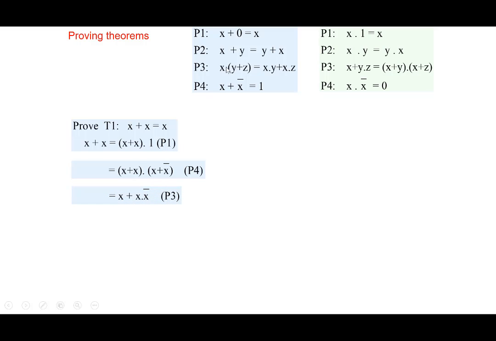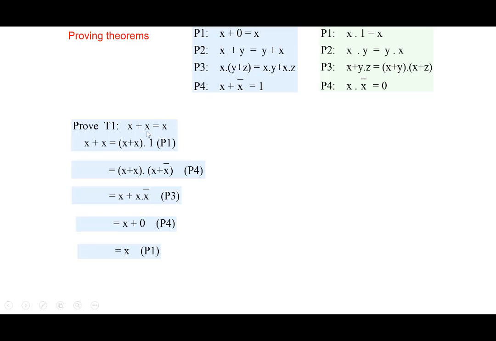And then we use P3, x plus x dot x bar. And x dot x bar is 0 using P4, and therefore we get x. So we've proved that x plus x equals x.